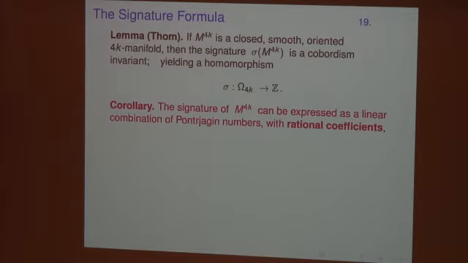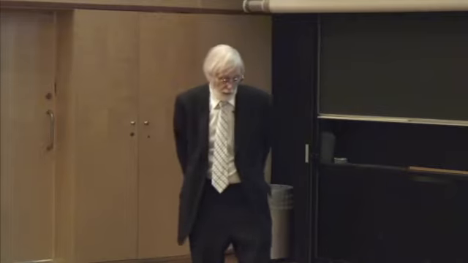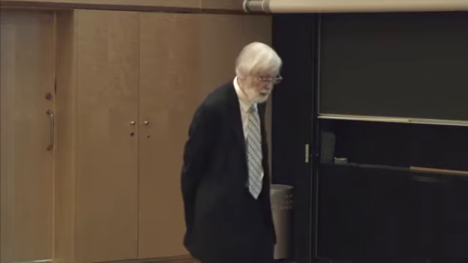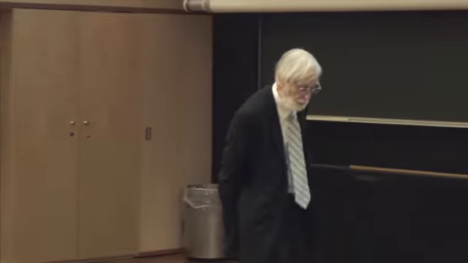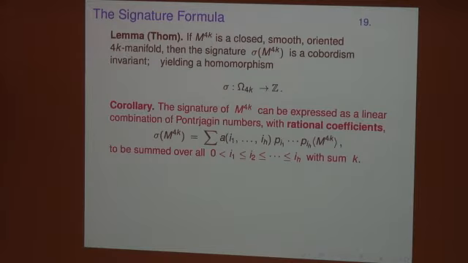But the startling fact was that even though this is a relation between a number of integers, 3 integers in the 8-dimensional case, the coefficients that expressed one thing in terms of another were not integers, they were rational numbers. So here's an explicit formulation in general.